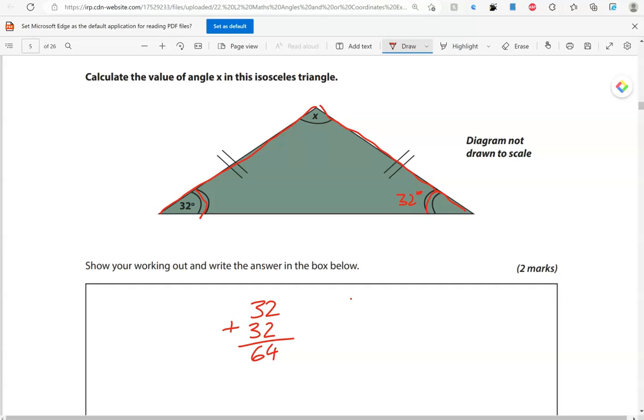So now if I do 180, take away 64, should give me angle X. Need to take away 4 from the 0, which means I've got to borrow 1. So this becomes 7, this becomes 10. 10 take away 4 gives us 6. 7 take away 6 is 1. 1 take away 0 is 1. So 116 degrees.